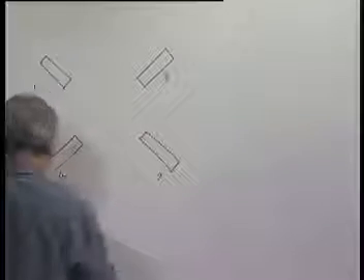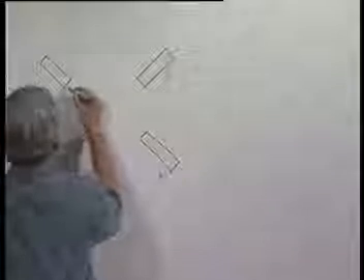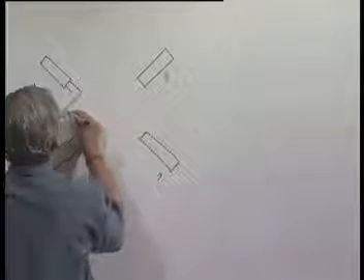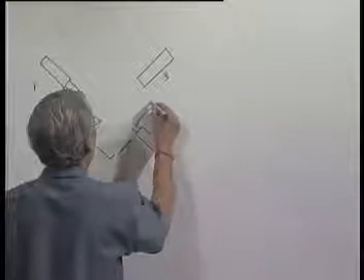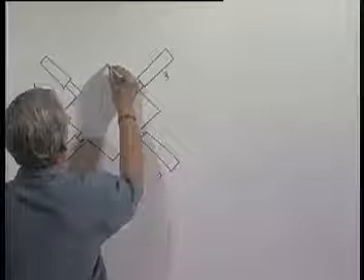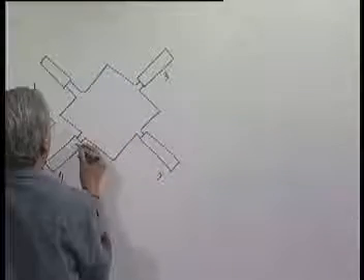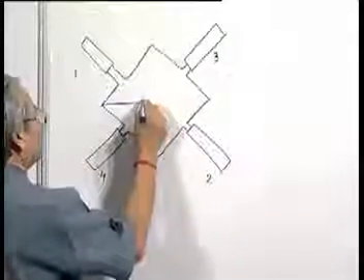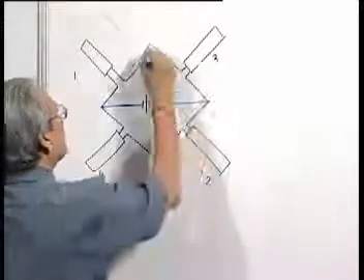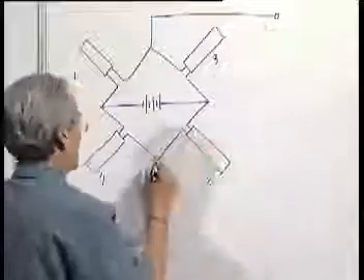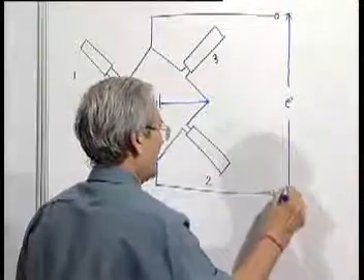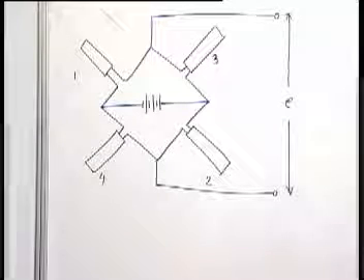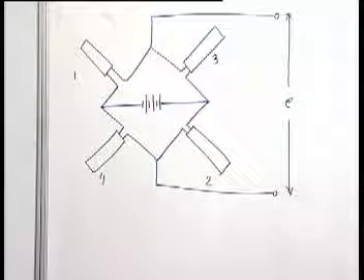So 1, 2, 3, 4, and the circuit which we will have is this kind of arrangement, which is called a Wheatstone bridge.